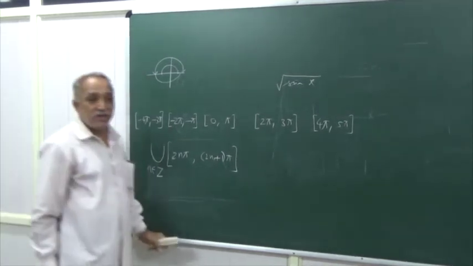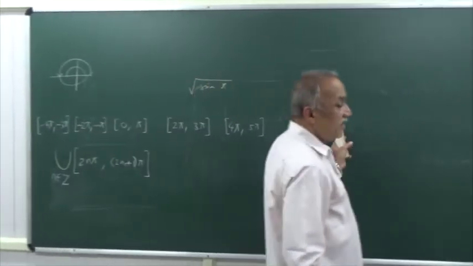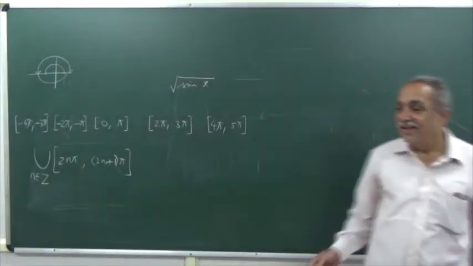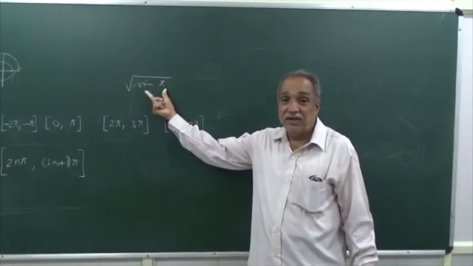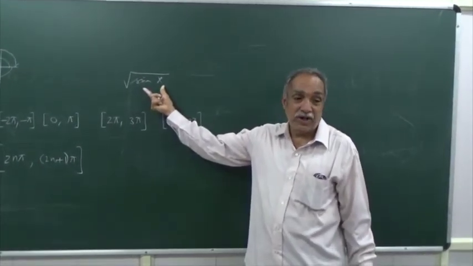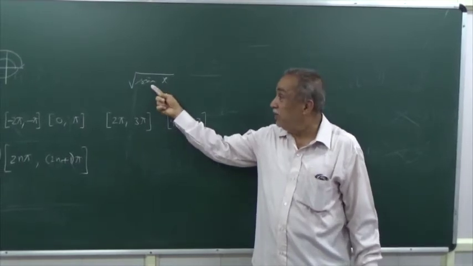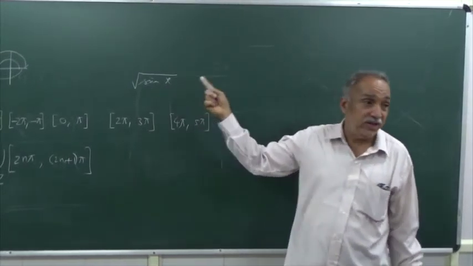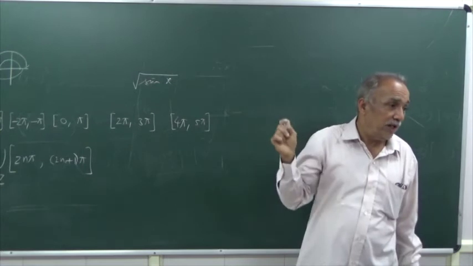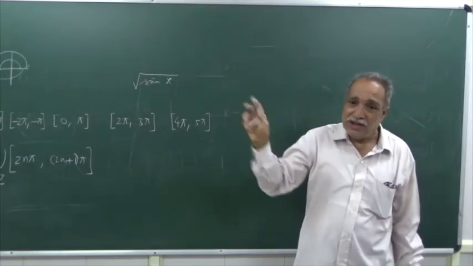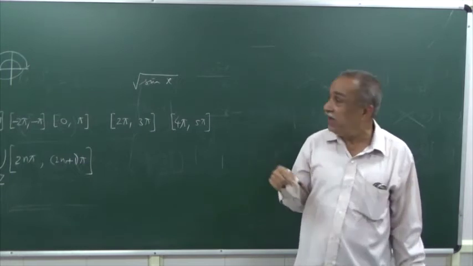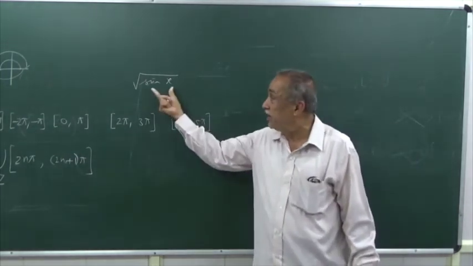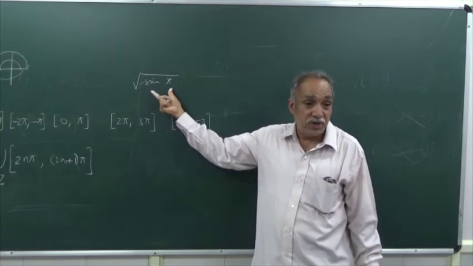What about the range? What are the values that this sin x can take? Minus 1 to 1. But for sin x between minus 1 and 0, square root is not obtainable. Those points have been left outside the domain. The only values retained are the values points where sin x takes values from 0 to 1.